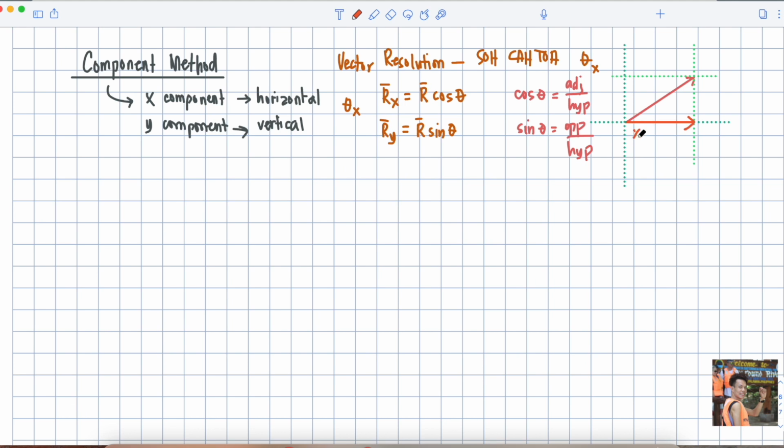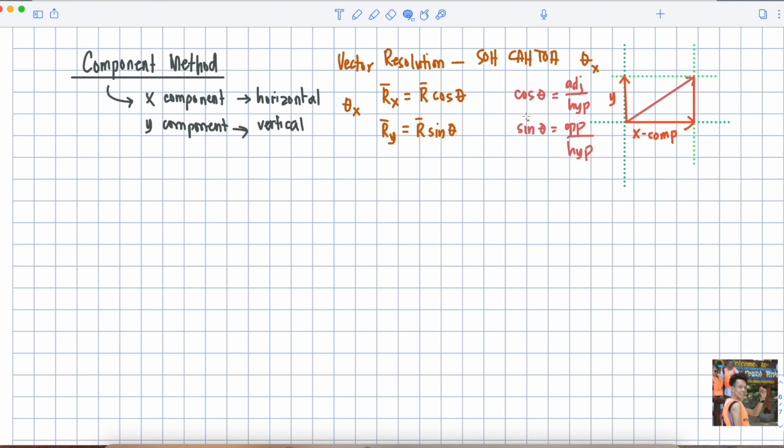And the y component of this vector is the magnitude of the vector that lies along the y-axis. This is congruent to this side.